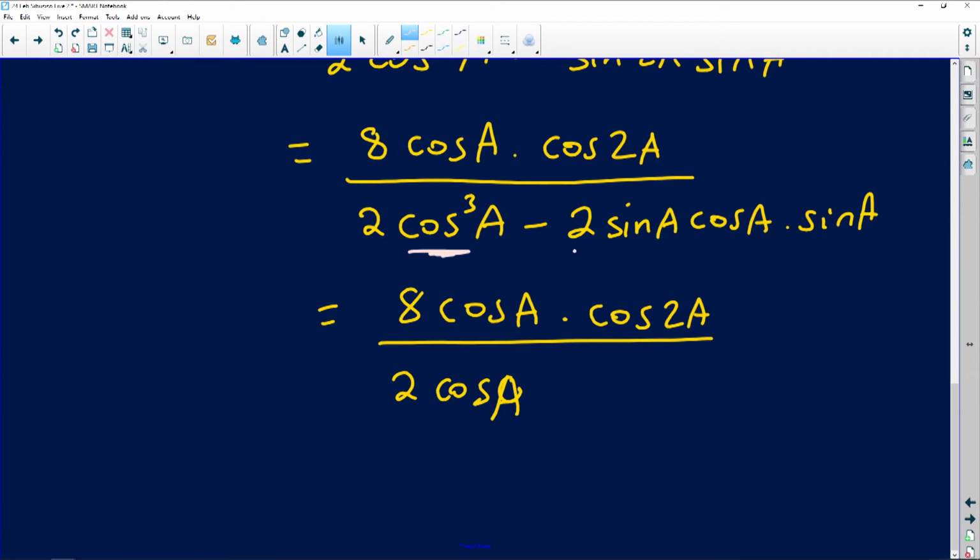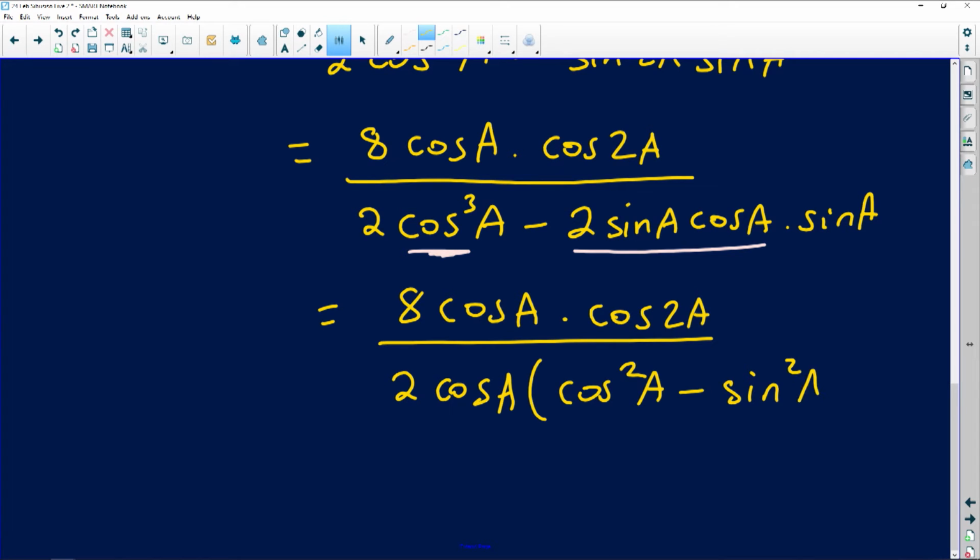Even inside the second part, I can get 2 as well as cos A. So that 2 cos A is simply a common factor, which I am going to now factor out because I noticed that, hang on, we do have a common factor. So I'm going to take out that 2 cos A. On the first term there, I'm left with just cos squared A minus. 2 is out, cos A is out, sine times sine gives us sine squared A as well.